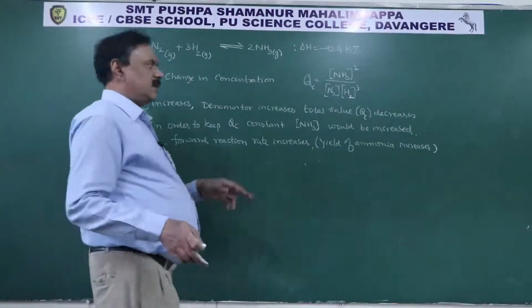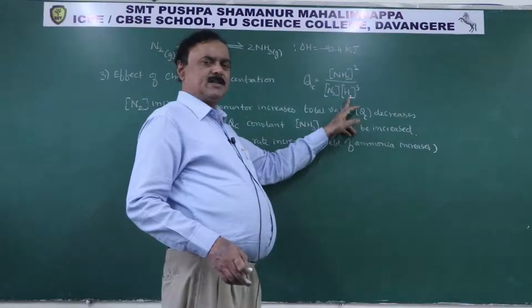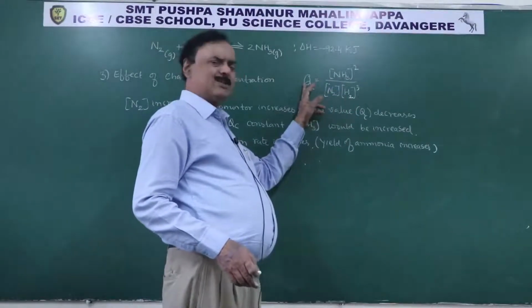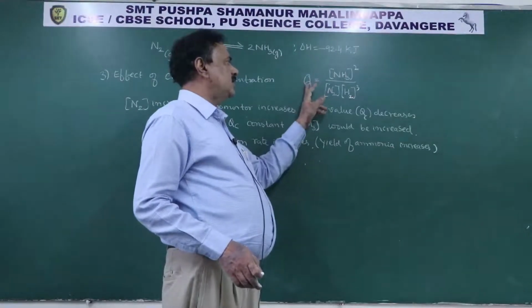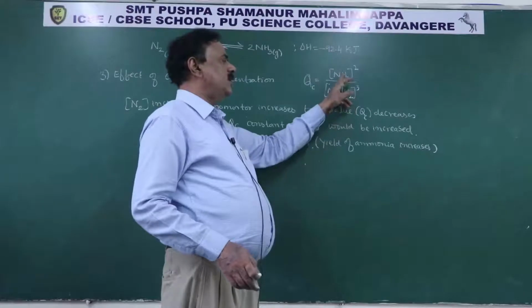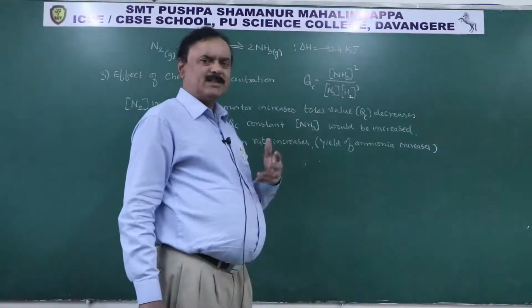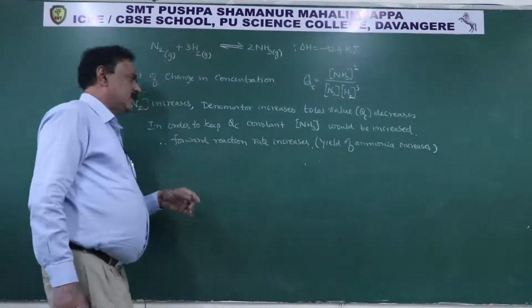Similarly, by increasing the concentration of hydrogen also, the denominator value increases. Therefore, the total value QC decreases. Since QC is always constant at a given temperature, in order to make QC constant, more yield, that is ammonia, is formed, and hence the rate increases in the forward direction. Is it clear?